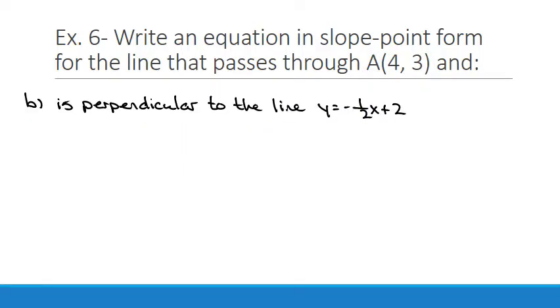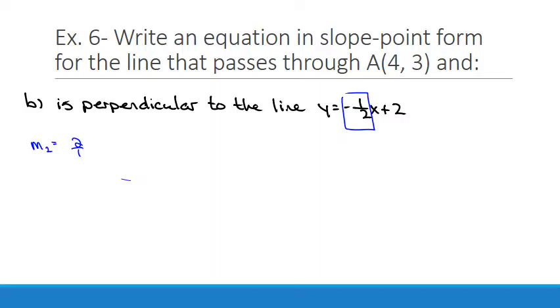B, now we're at the same idea, same point, same line, but now perpendicular. So how do I ensure that these two lines are perpendicular? Well, I have to make a negative reciprocal of the given slope. The given slope is negative half, meaning this new one will be the reciprocal, 2 over 1, and we want it to be opposite signs.